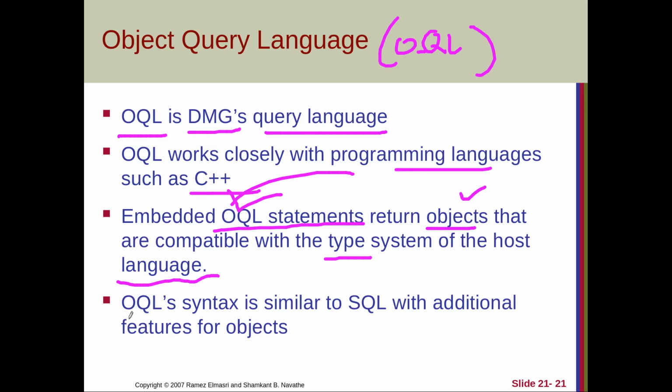Now you can see OQL syntax is similar to SQL with additional features for objects. So almost the syntaxes are similar, and we follow the same pattern that is used in structured query language, especially with the data manipulation language in SQL for accessing various data, and we have some additional features that are used for accessing the objects present in object oriented databases.